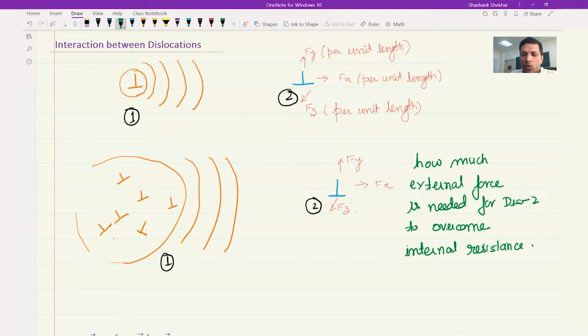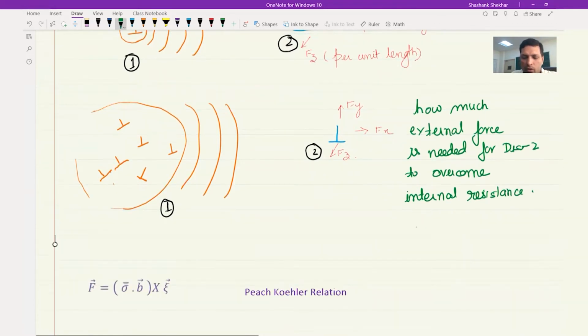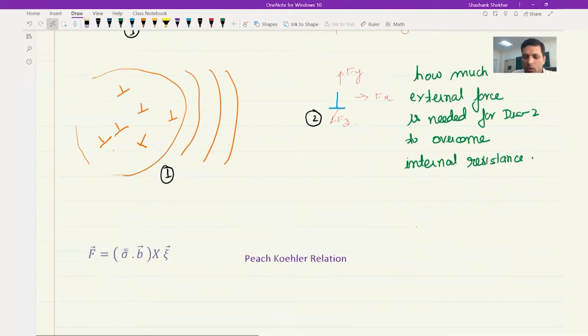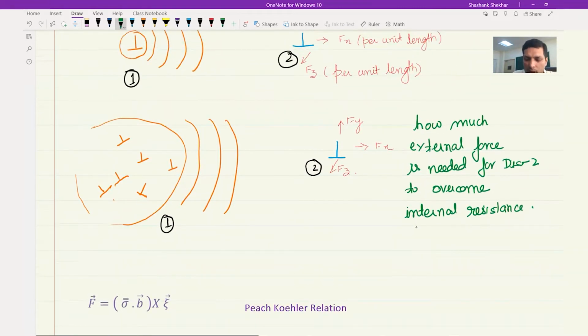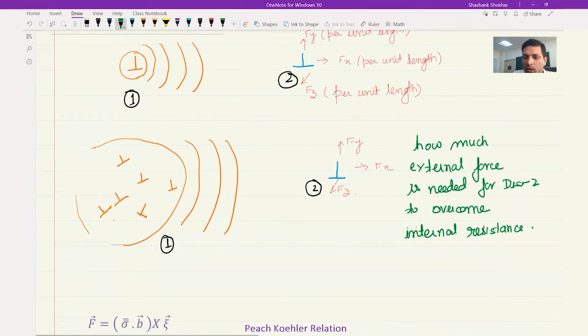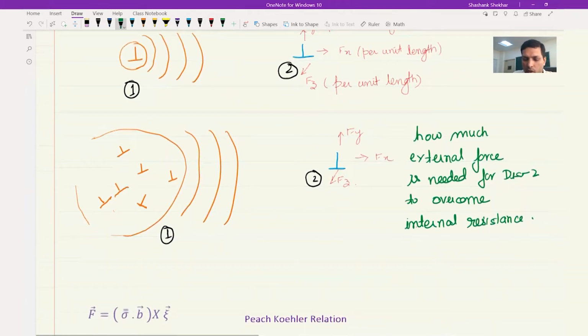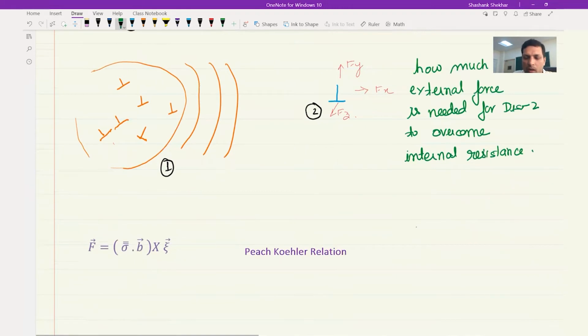In this context, we have the relation which is called the Peach-Koehler relation. So here it is given force, again remember this is per unit length. Sigma is the stress field being generated. Here this sigma would be generated by dislocation 1, or it can be stress being generated because of a bunch of dislocations.